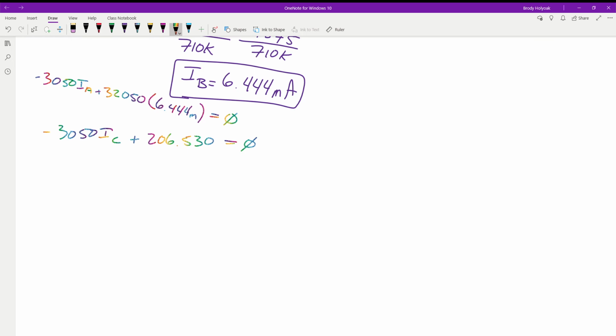We're going to move IA over so we can make it positive. Just do that in all one step instead of having to divide by a negative later on. So IA is equal to 206.530.